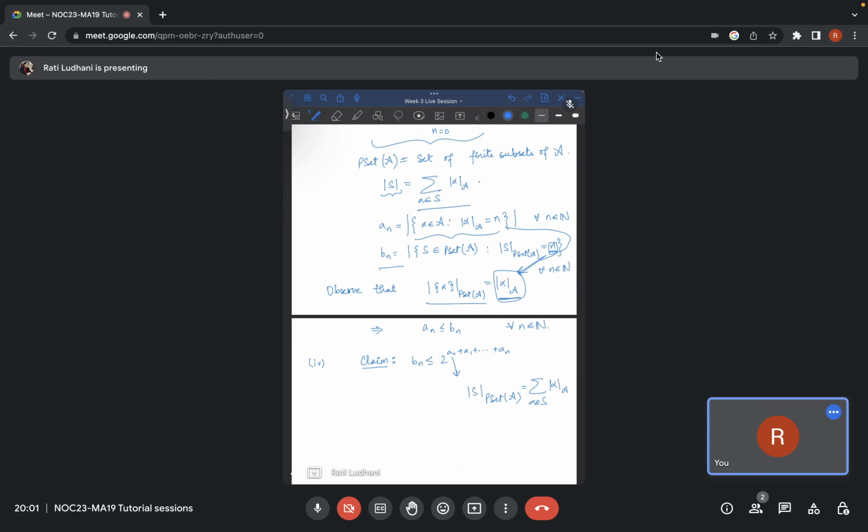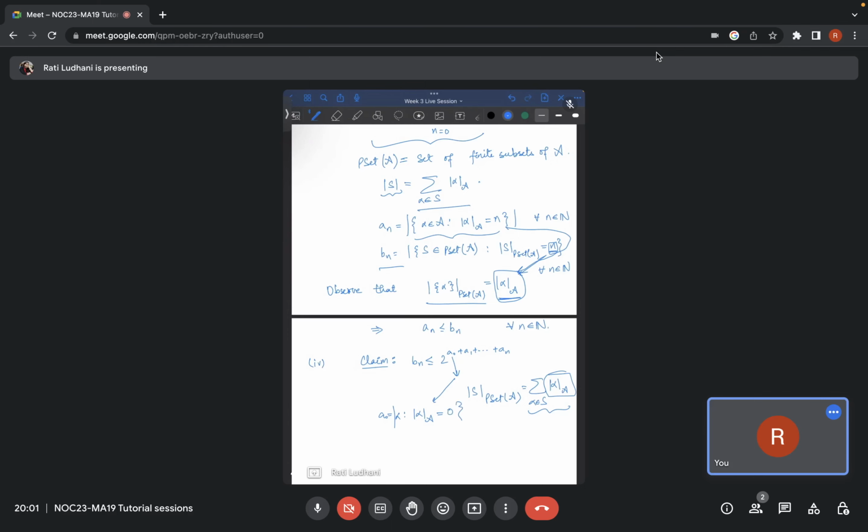Okay, so here what is happening, you are adding values. So you are adding values from this alpha. Now you observe that A0 is the cardinality of all those alpha such that the size is equal to 0.